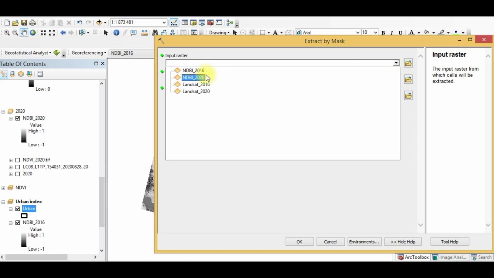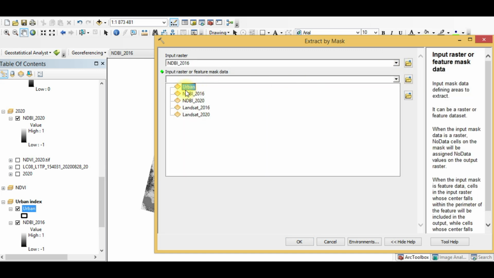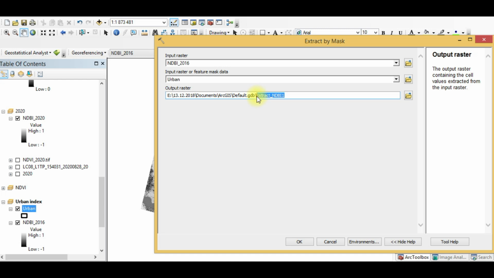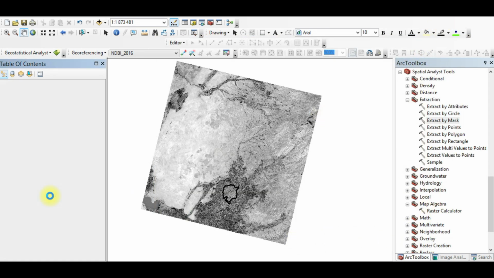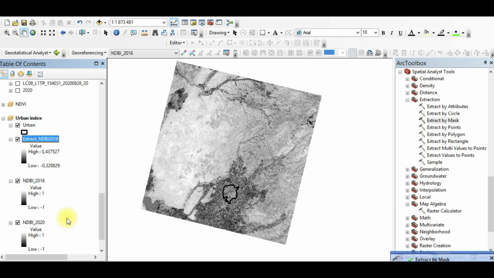Let's first extract 2016 NDBI, extract 2016, and so this one is extracted.